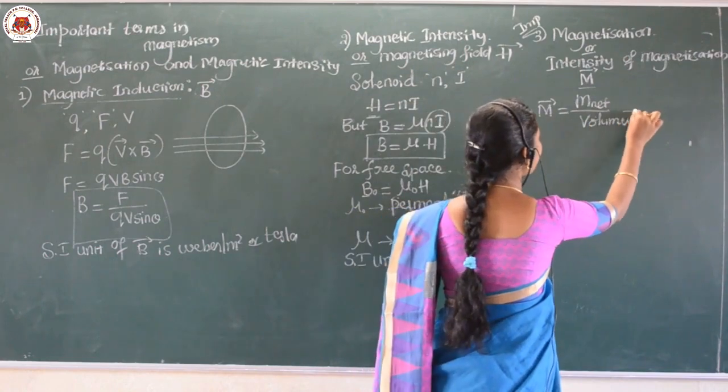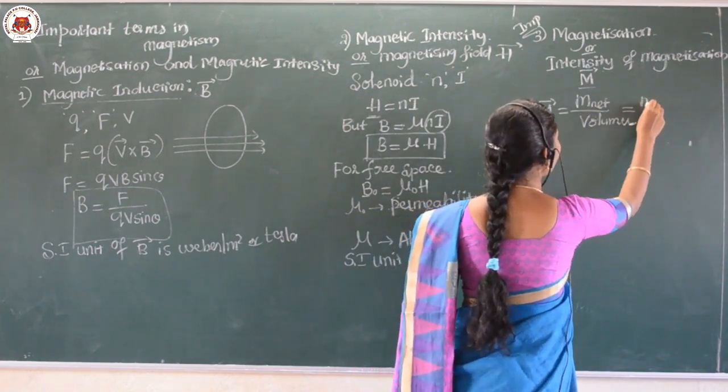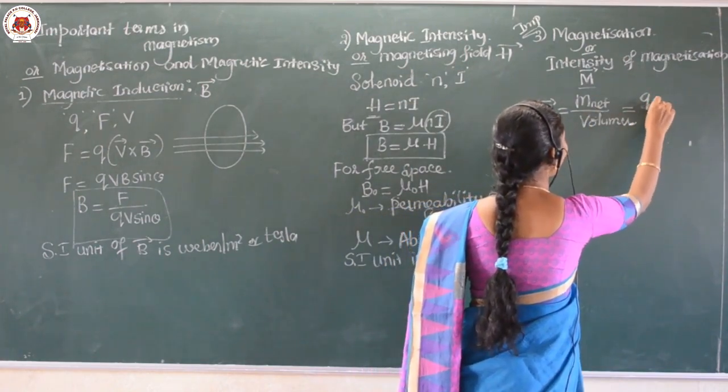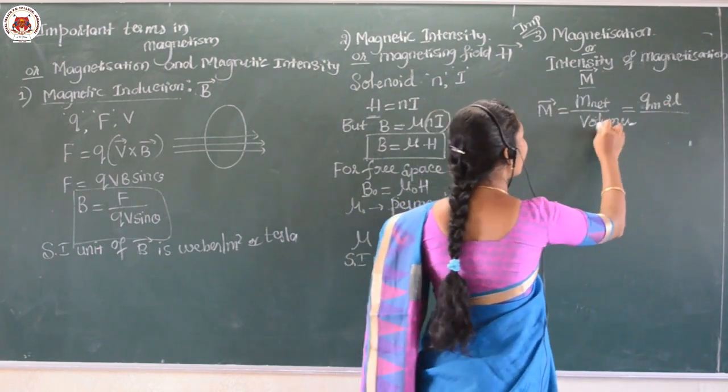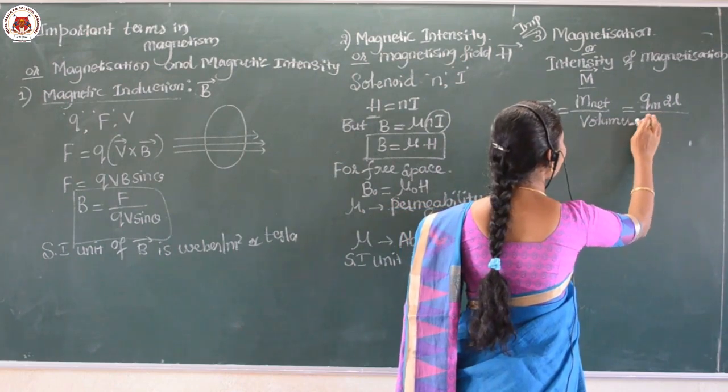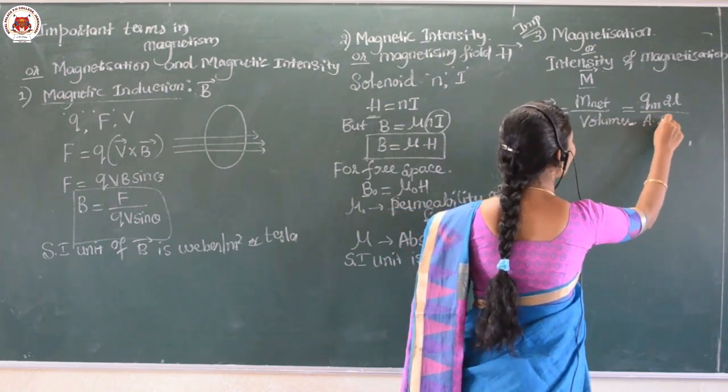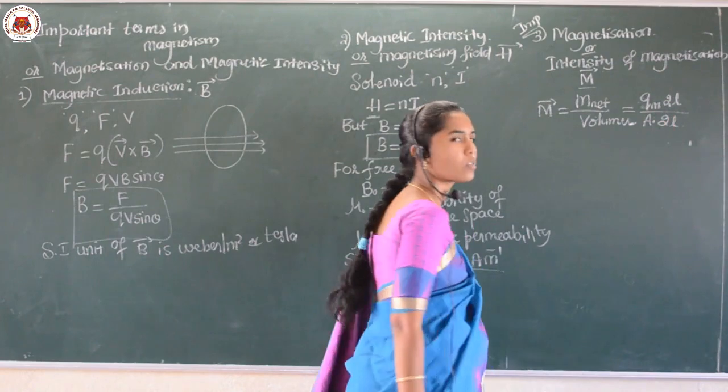Then the net magnetic moment, already you know, is represented as pole strength into 2L. Pole strength into 2L upon volume, I can take it as area into 2L, for the solenoid.